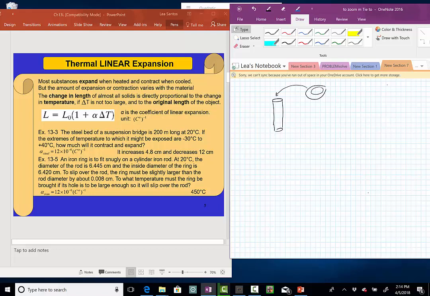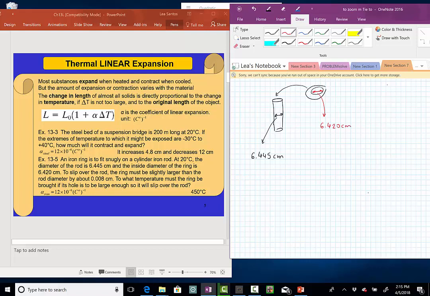At 20 Celsius, the diameter of the rod, so this value here, is 6.445 centimeters, while the inside diameter of the ring, so this part here, is 6.420 centimeters.